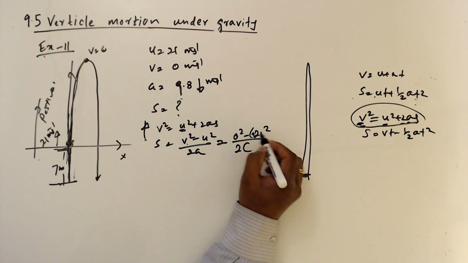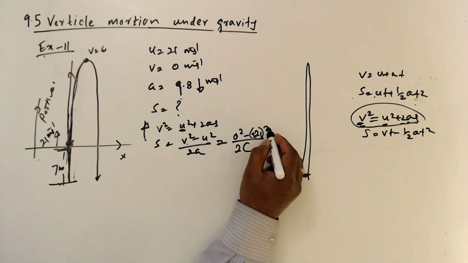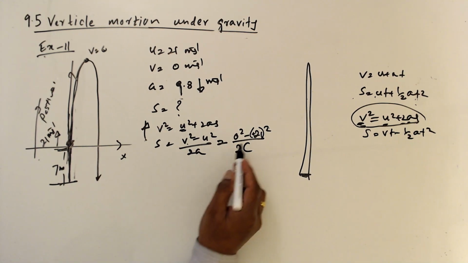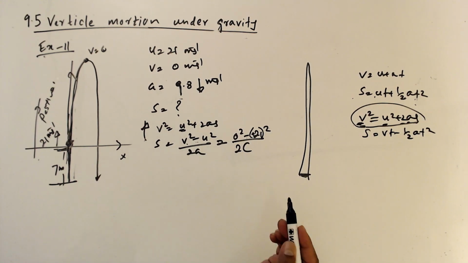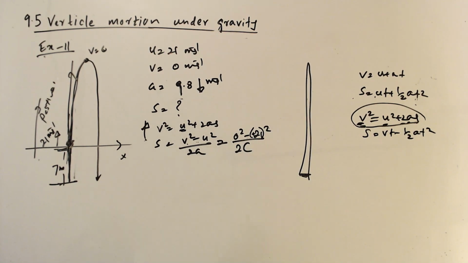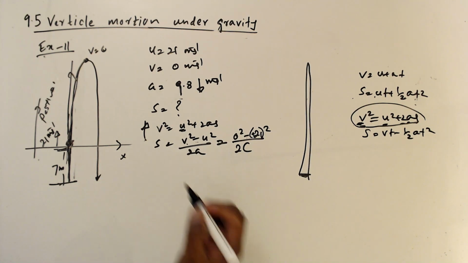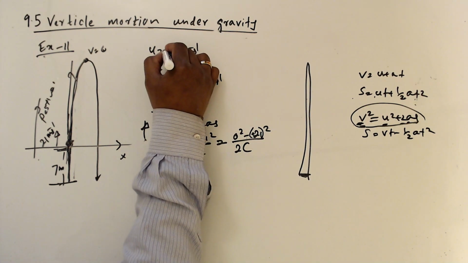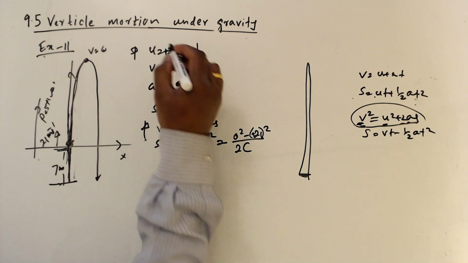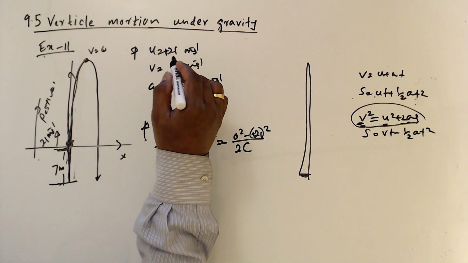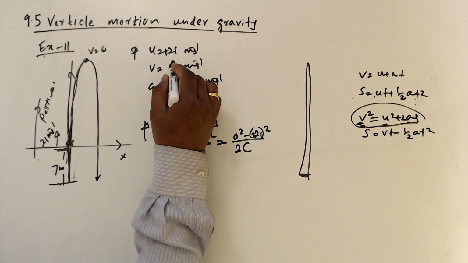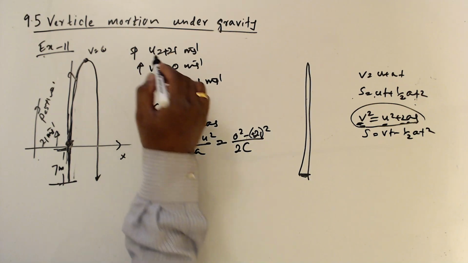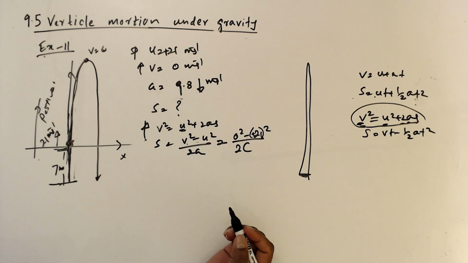This is plus positive 21 square. This negative comes from here, from the equation, not because of the direction. So u is positive for here, and v has no direction. So you can take up or down because it is 0 value, it doesn't matter.